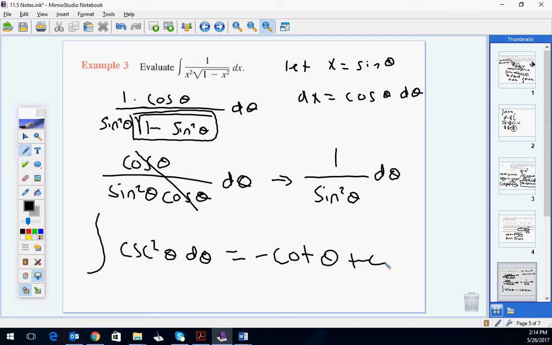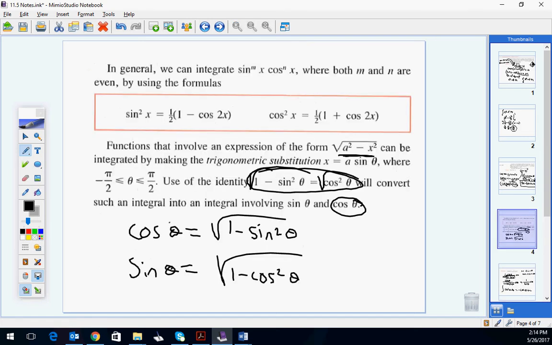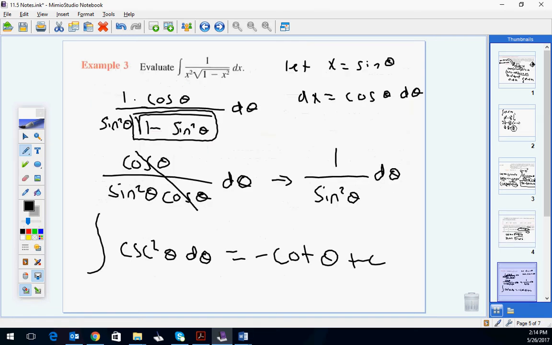Right, it's because it's a specific situation, and that's what this is talking about. If you have something squared minus something squared, we can use a trig identity to help us solve it. So if this was a 3, we couldn't do what we just did. But if it's 25, we still can. It just changes.